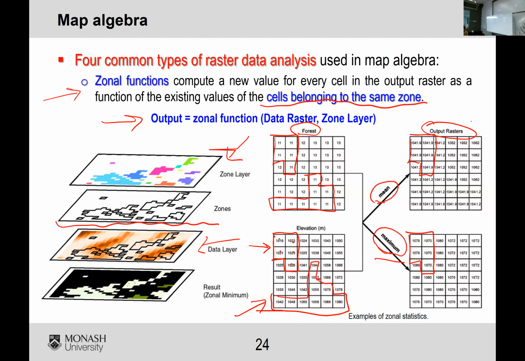If you look at the output raster, you see the values are defined based on the zones, right? So although they don't include the zone class anymore, their values are calculated based on the different zones they belong to.